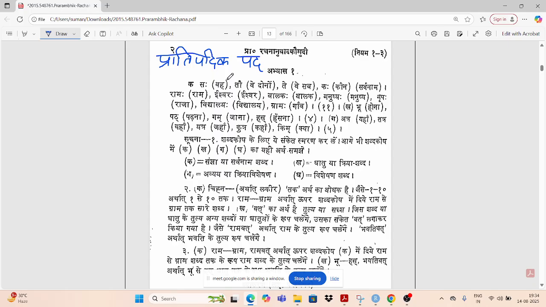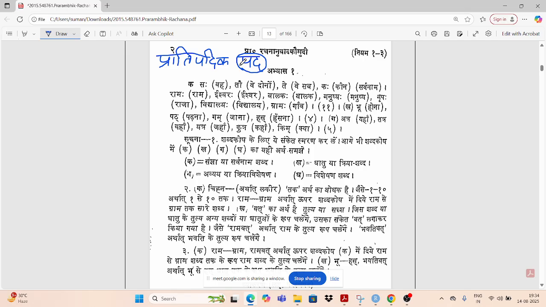Pratipadika is what we call the Moola Shabda, and pada is a Shabda which has undergone some modification which will make it a part of a sentence, a conveyor of some artha in a sentence.